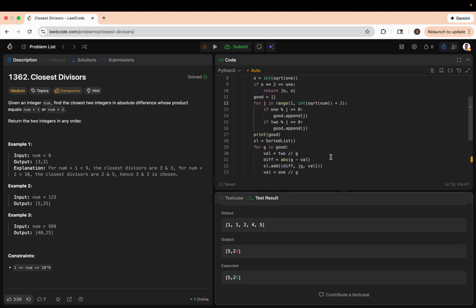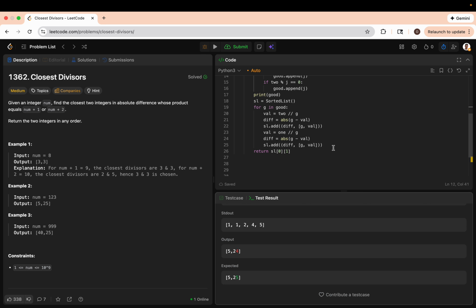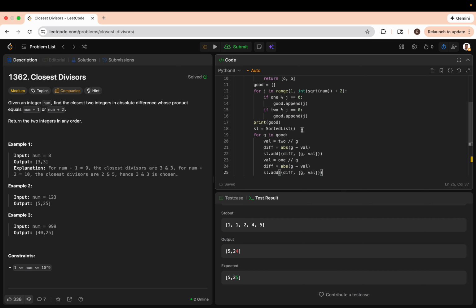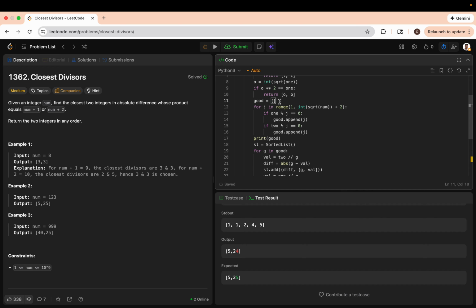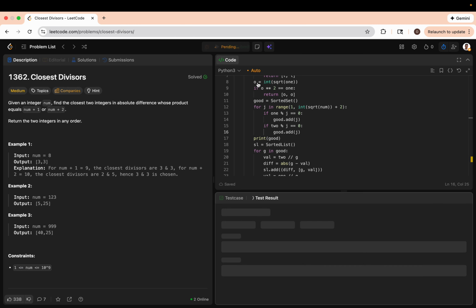Okay, so we're close. Let's make this a sorted set and add this so we don't get duplicates, even though that probably doesn't matter.